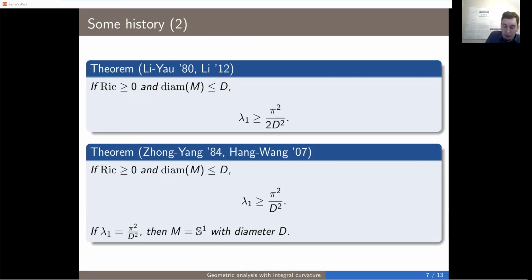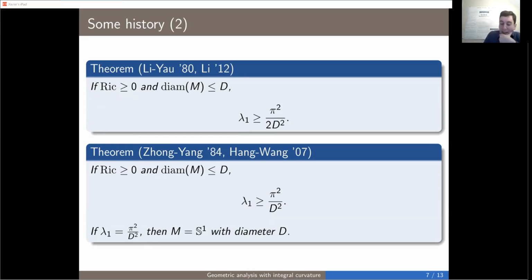If you have a manifold with non-negative Ricci curvature, and the diameter of the manifold is bounded above by some constant d, then Li and Yau proved that lambda 1 is going to be bigger or equal than pi squared over 2d squared. Here Li is Peter Li and Yau is Shing-Tung Yau, which you might have heard of, the Fields medalist.